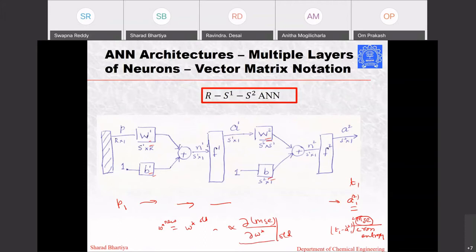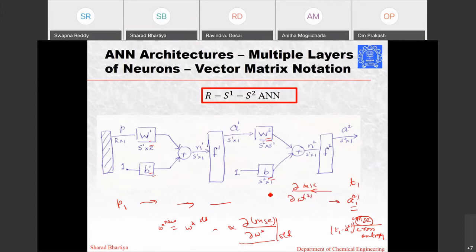So where is that elegance? You say, okay, this is a very straightforward, well-known method. The elegance comes in the fact that in the backpropagation algorithm, this error, or the sensitivities of the error, is backpropagated. First we calculate del MSE by del W for weights of the second layer.